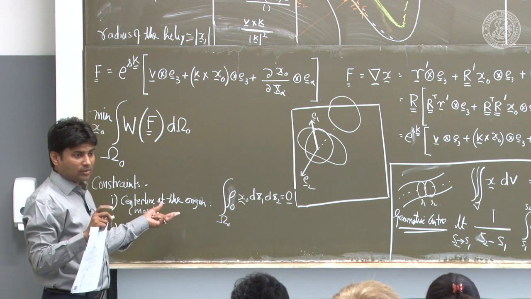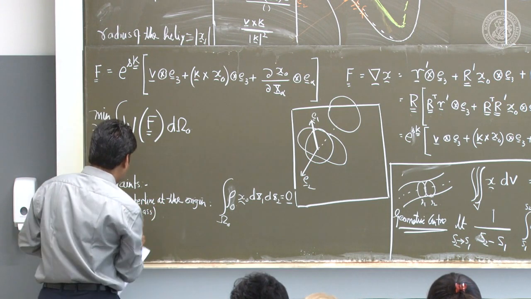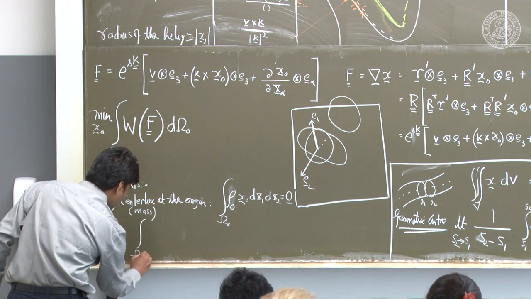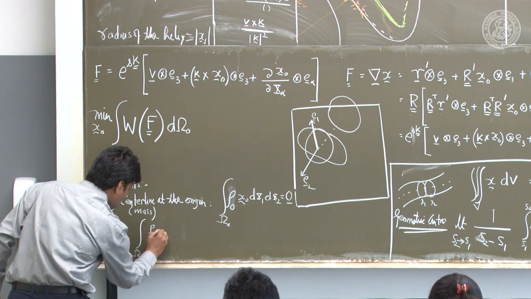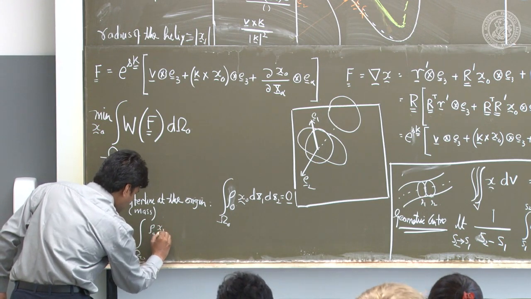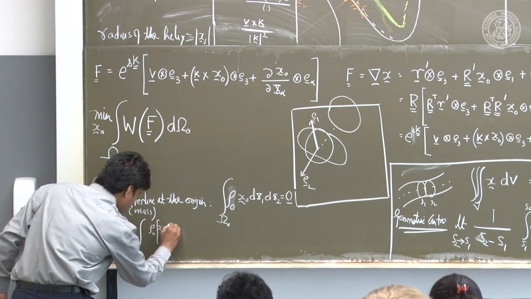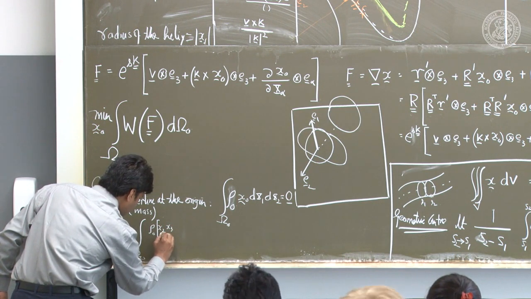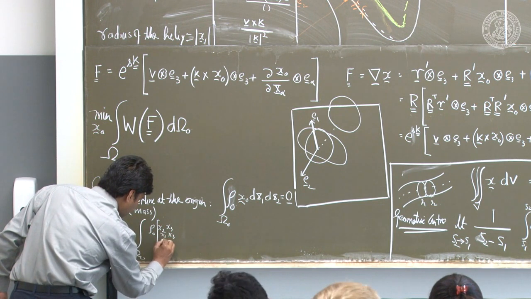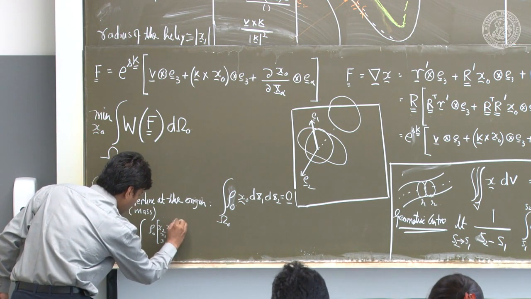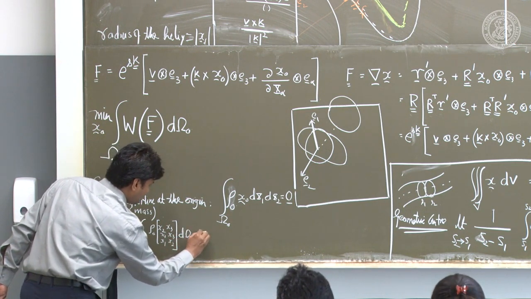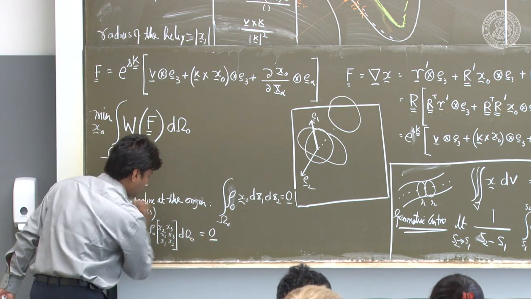So, that brings in 3 more constraints, and you could write that in a vector form. So, integral over omega naught of rho naught times x2 x3, then x1 x3, and then x1 x2, d omega naught, that is set to be equal to 0.